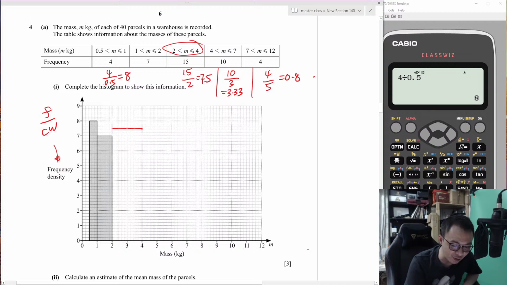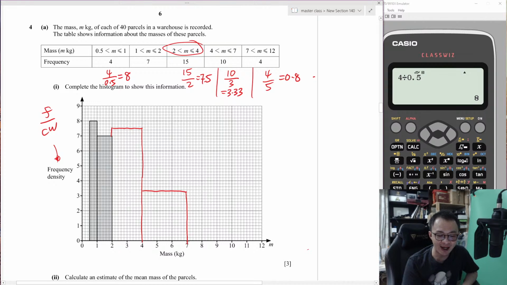Of course, in the exam, you use a ruler. Here, I'm a bit lazy, so I use freehand. But in the exam, you use the ruler to do it. Then 4 to 7 is 3.33, so it's somewhere in the middle, all the way to the 7. Then they go down.